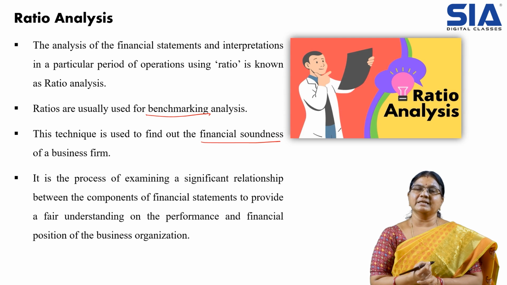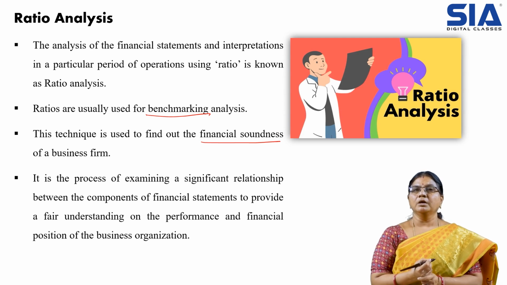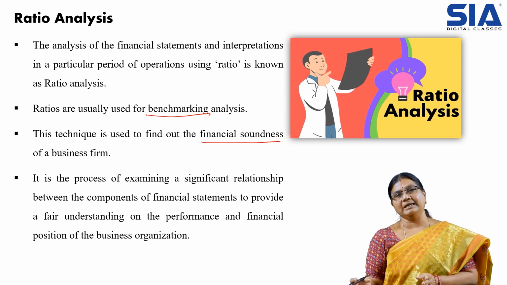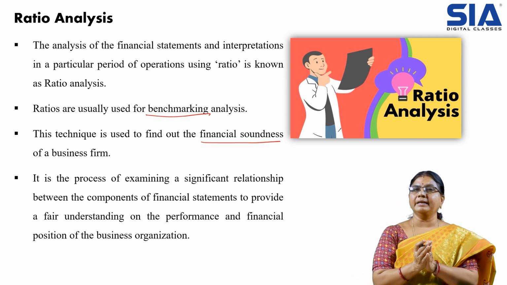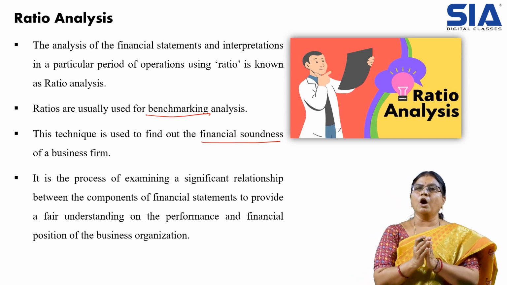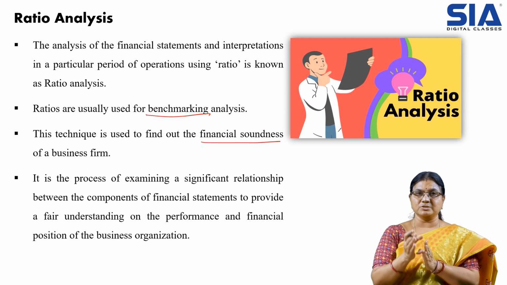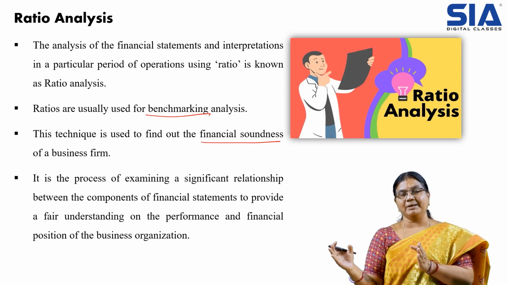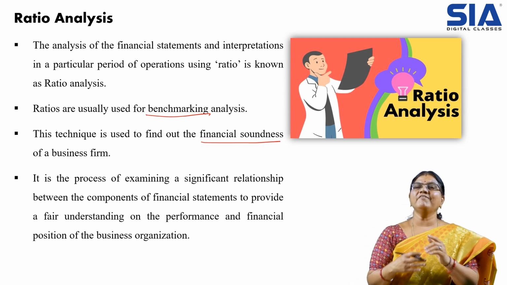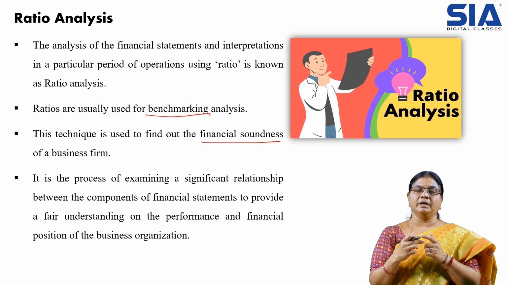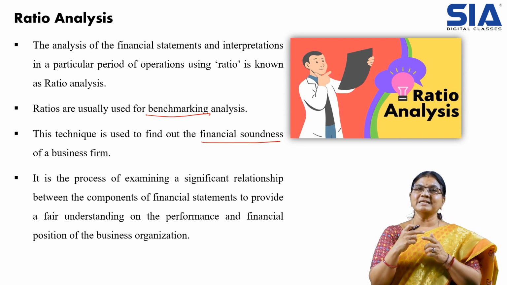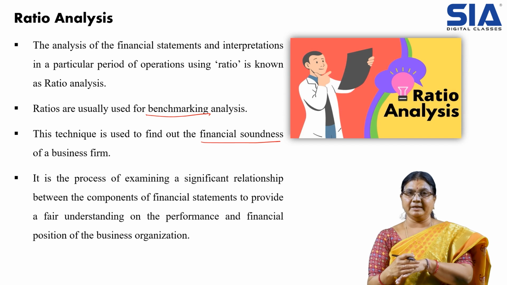For example, take the current ratio. Under the current ratio we consider current assets as well as current liabilities. We need to understand how much in current assets the company is holding and how much in current liabilities. It is always a very good position when current assets are more than current liabilities.